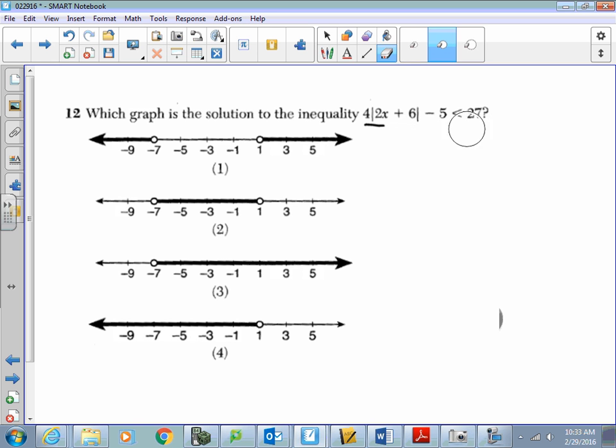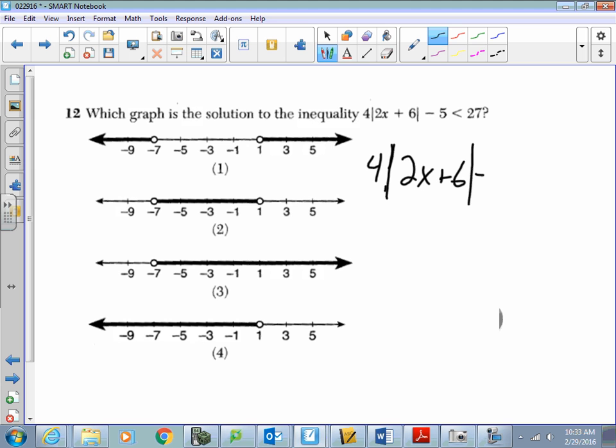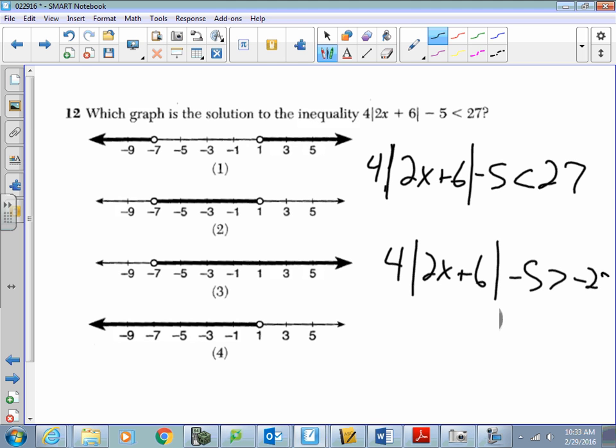Also, some students know that you need to split it up into 2 different inequalities, but they'll do it right here. So they'll write 4 times 2x plus 6 minus 5, and then they'll write another inequality, 4 times 2x plus 6 minus 5 is greater than negative 27.